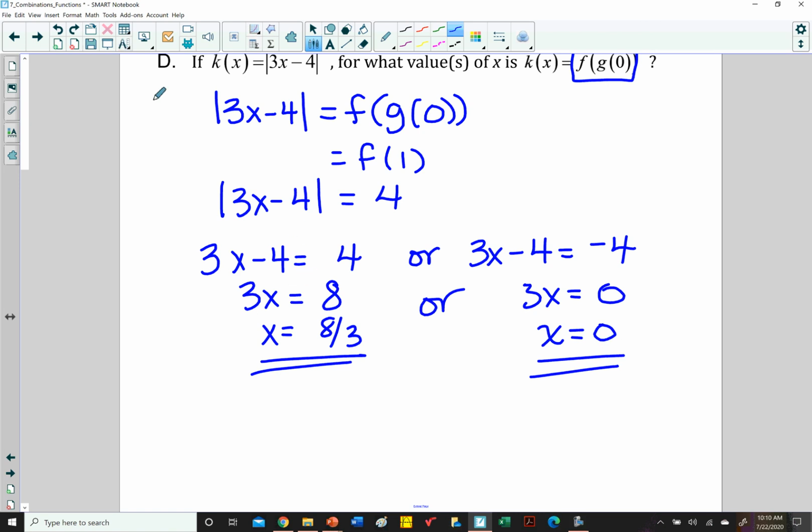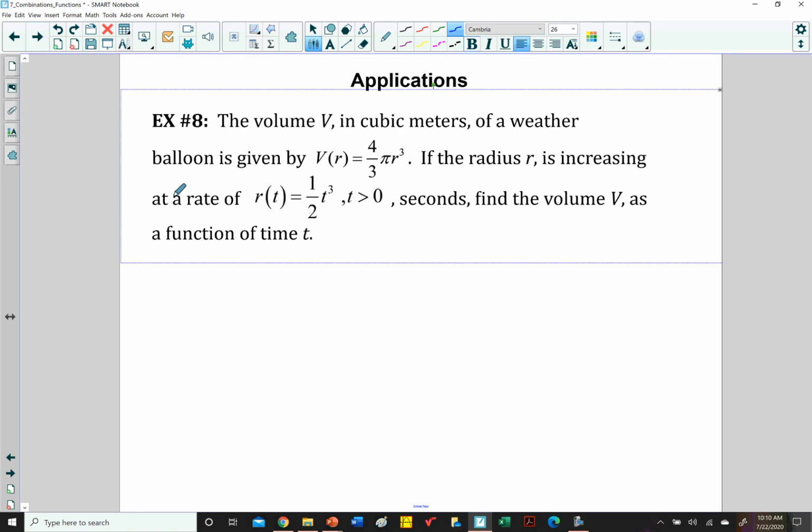Okay, you have two application problems and we'll be finished. The volume V in cubic meters of a weather balloon is given by 4/3 pi r cubed. If the radius is increasing at a rate of 1/2 t cubed for positive time, we want to find the volume as a function of time.